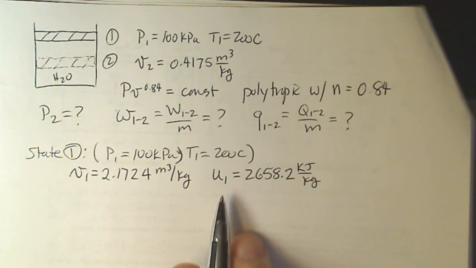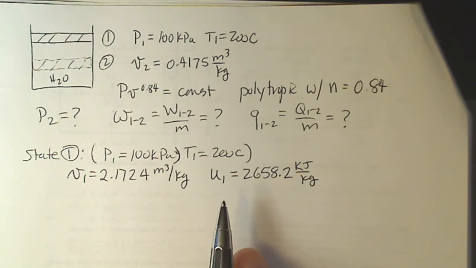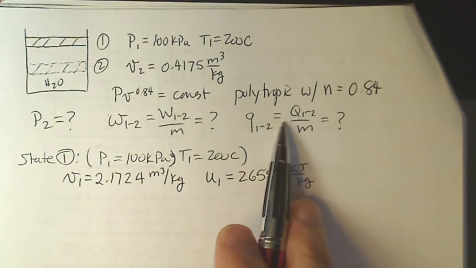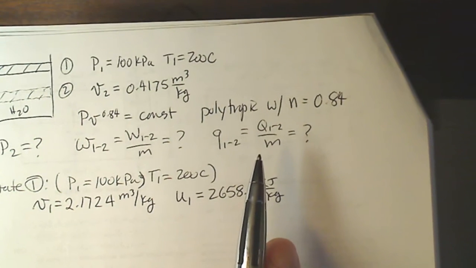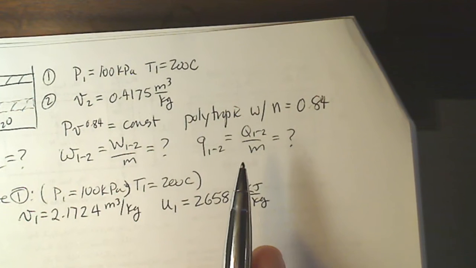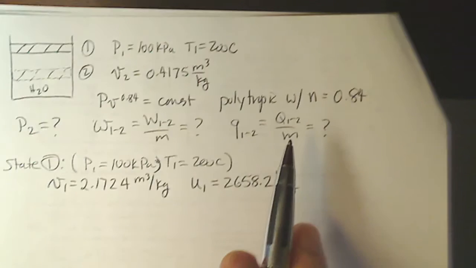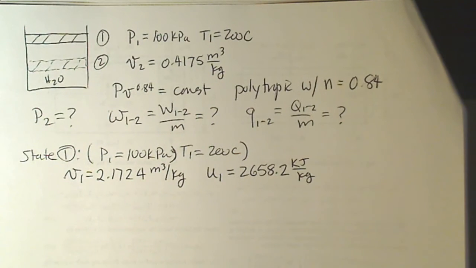I don't need this immediately, but we will need it in the final analysis as we consider this question of how much heat transfer is required. Okay, sorry, let's straighten that up a little bit. There we go.